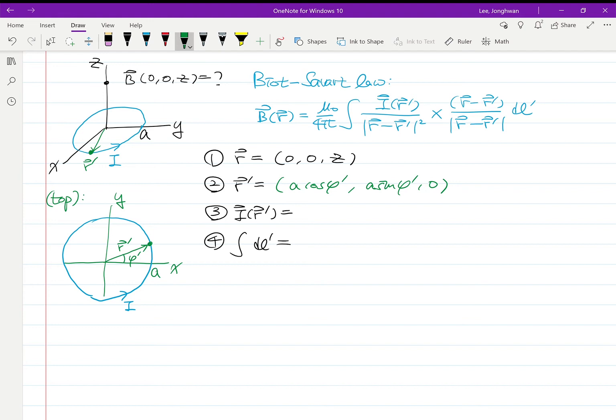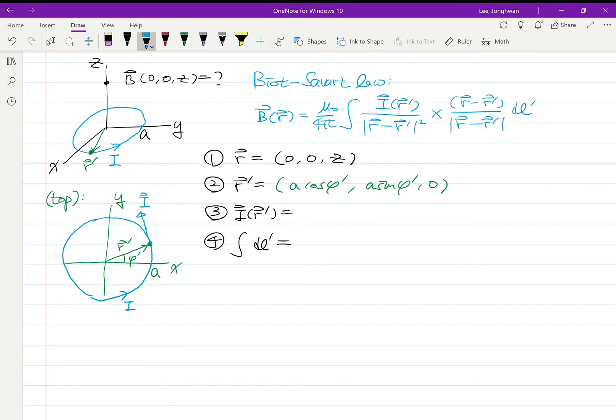And the third component means what is the vector of the current at that r prime. So if you draw a vector of the current I, it will look like this.